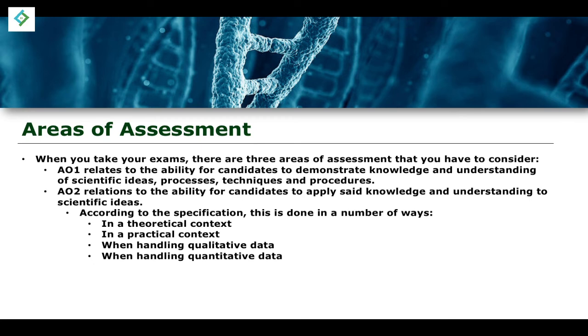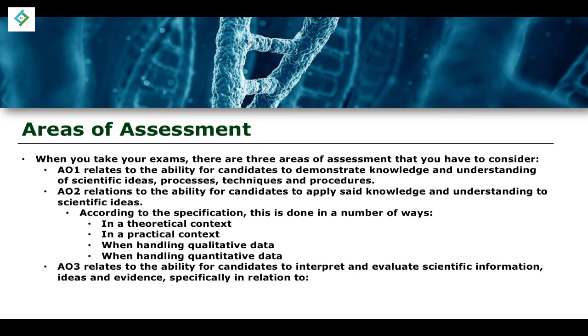Now, this relates specifically to the application to scientific ideas from a theoretical perspective, from a practical perspective, so actually looking at experimental concepts, as well as the handling of both qualitative and quantitative data. So these are all generally quite broad mandates that you are required to do, but it gives you some indication of the kind of things that you're going to be assessed on.